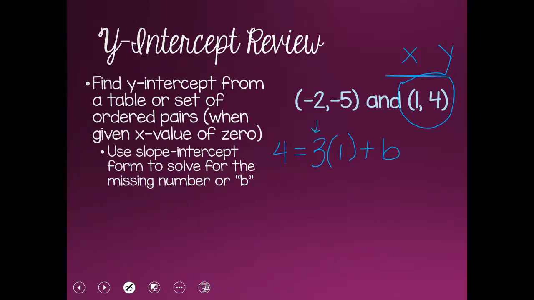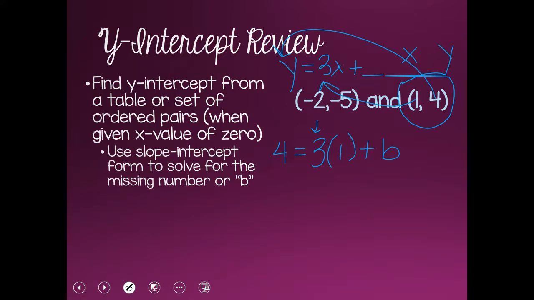Why do I have this 3 there? That's because I already know that 3 is my slope. So I have to put the 3 there in order to have only one missing number. So all I did was I took the y equals 3x plus something, and I put the 4 in for the y and the 1 in for the x.